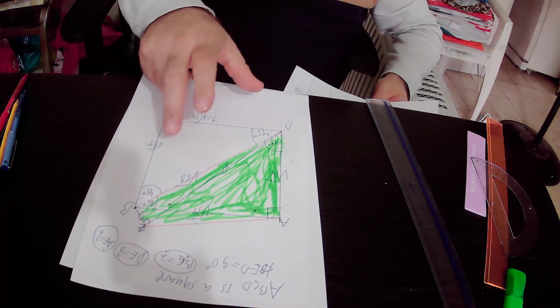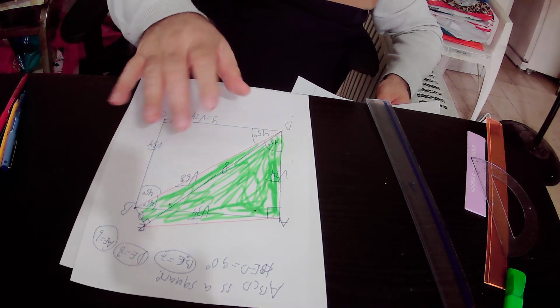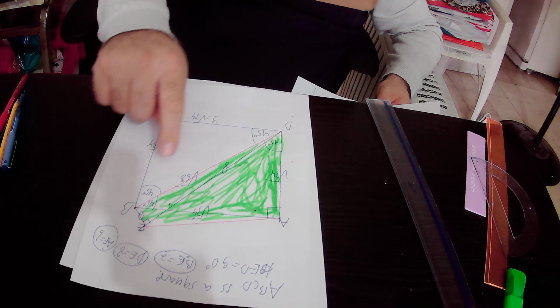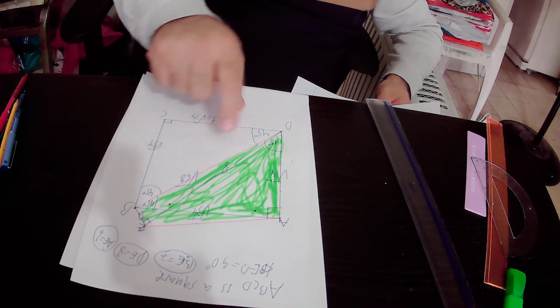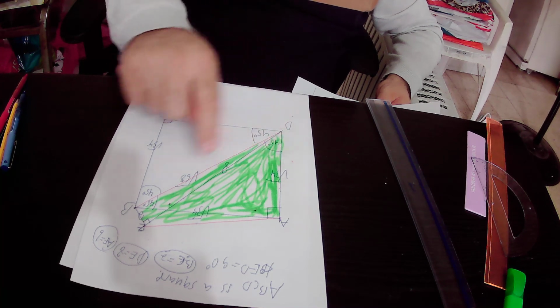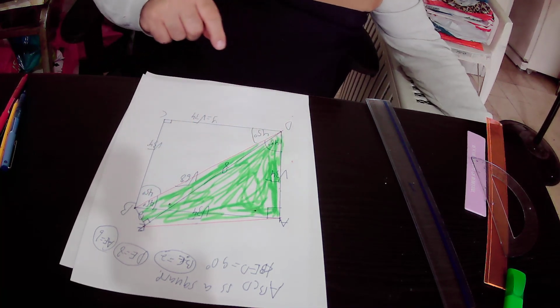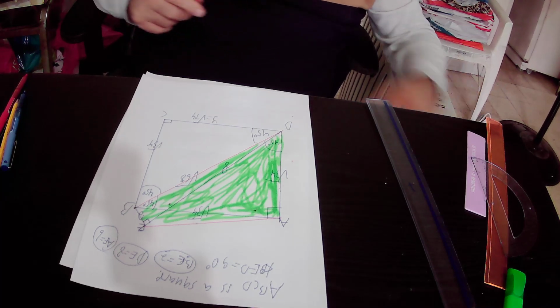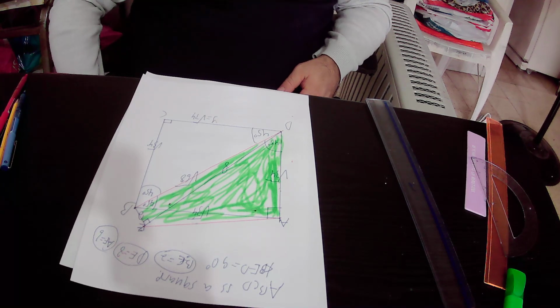So we have here diagonal DB, and according to rule number 1, this diagonal DB bisects the angles of this square, those two angles, to 45 degrees. As you already know, all the angles inside the square are right angles. That is to say, they are equal to 90 degrees.